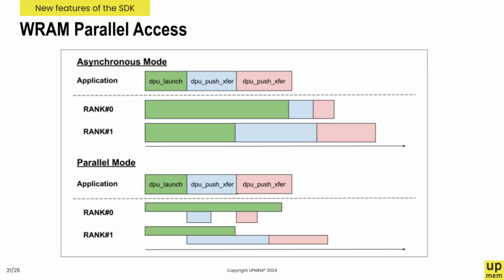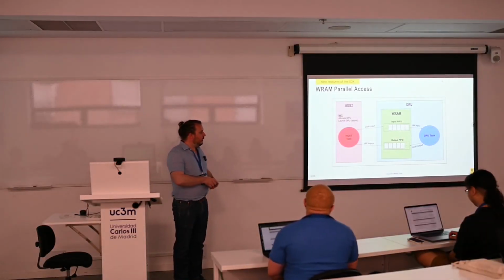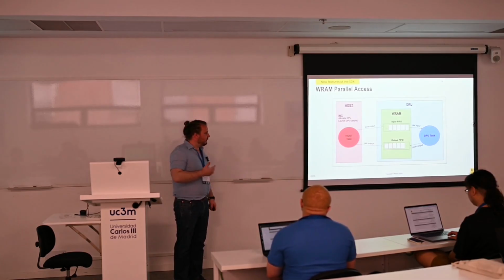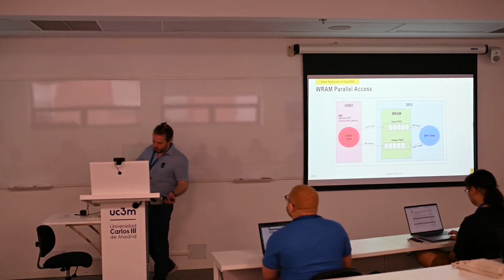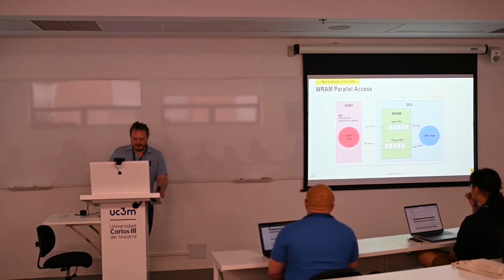So that's why in tandem with the WRAM parallel access, we provide sort of a FIFO API, which is not unlike channels in Go or Rust, where you're going to, from the host, push some data into an input FIFO, read it, use it from the DPU, push the result back into an output FIFO, and it's a way to simplify the job of writing applications that do WRAM parallel access.